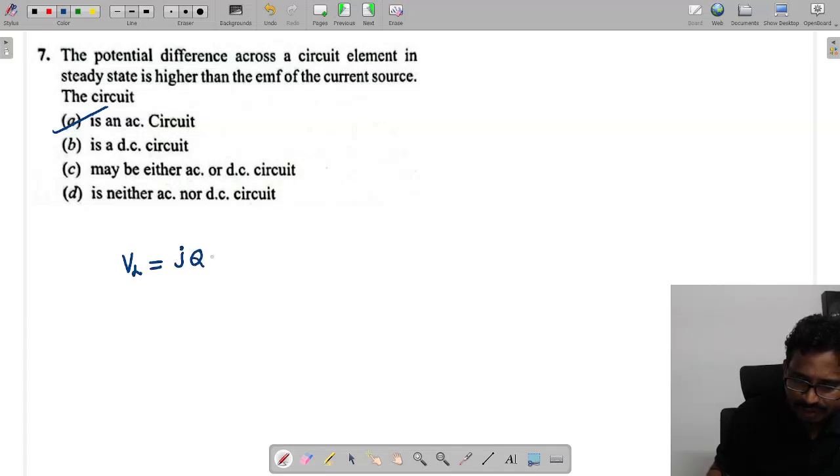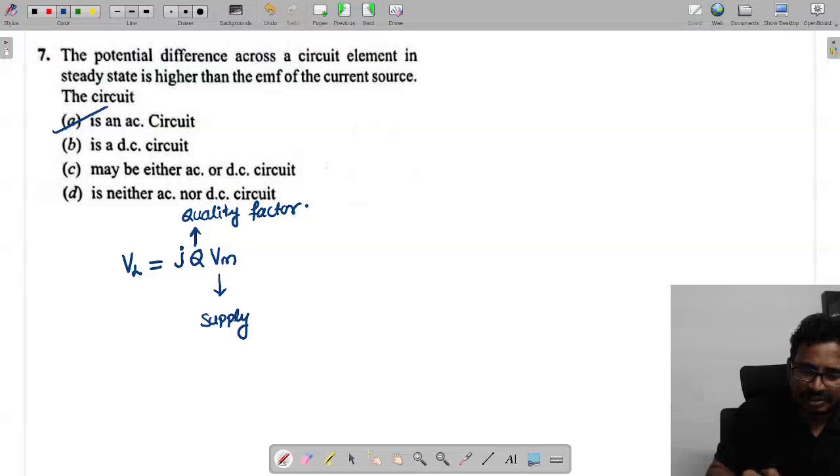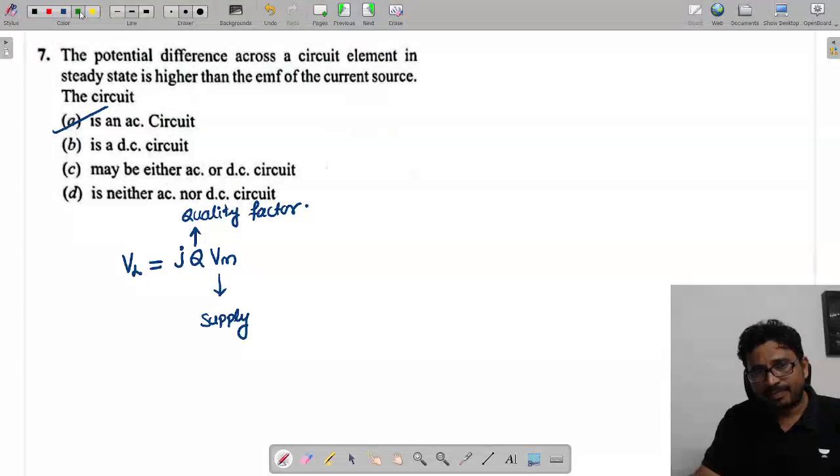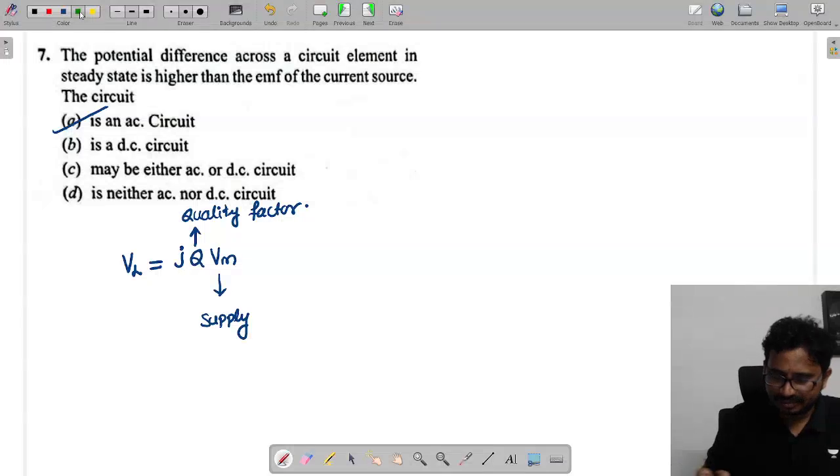At resonance, the voltage across the inductor is given as jQ into VM, where VM is the supply voltage and Q is the quality factor. So the voltage across the inductor is amplified by the quality factor.